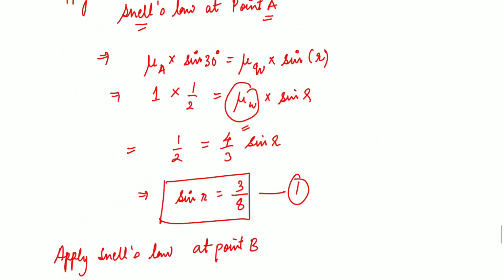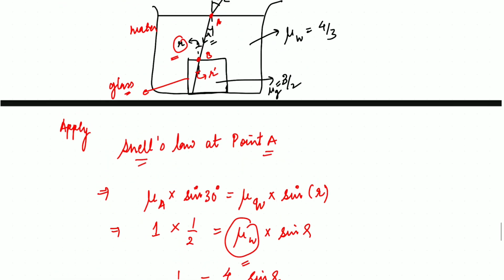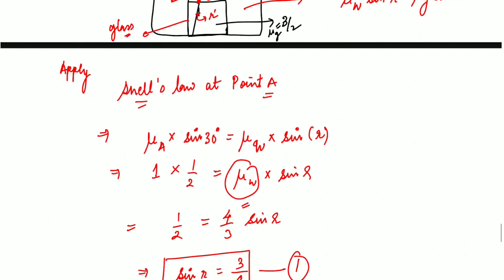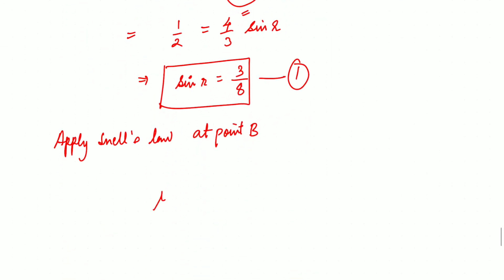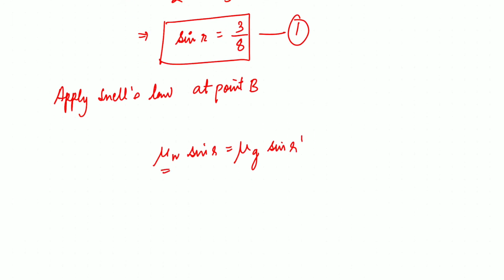When I apply Snell's law at point B, I can see the refractive index of water times sine of angle R will be equal to the refractive index of glass times sine of angle R dash. Yes or no? The refractive index of water is given in the question, that is 4/3.